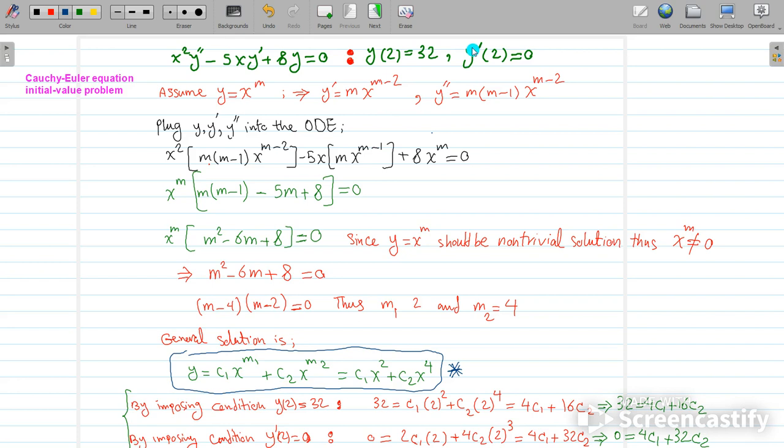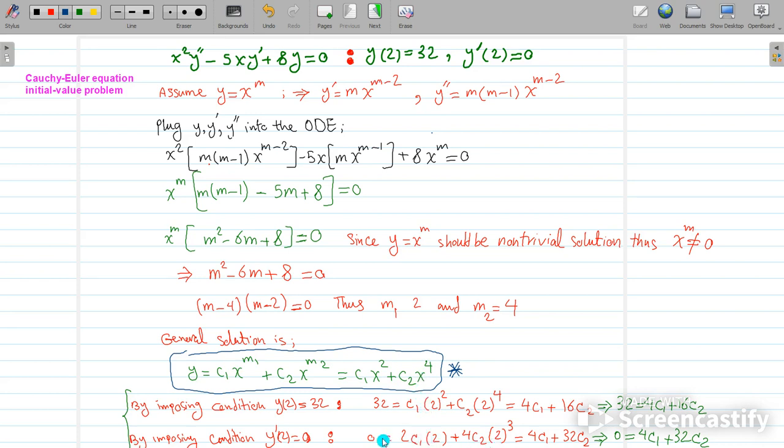By imposing the second condition, which is y prime at 2 equals 0, in the first step we need to find y prime from the star relation, right? So y prime would be 2c1 x plus 4c2 x cubed.